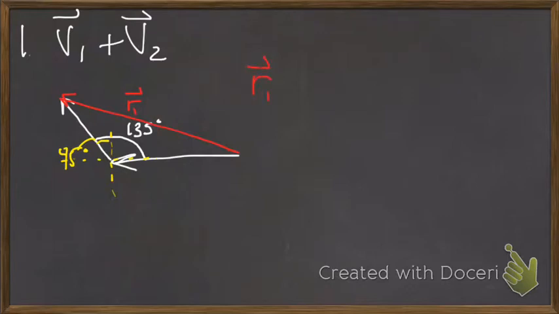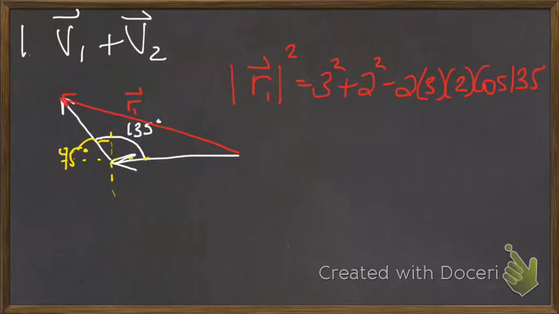R1, using cosine law, squared. We know these magnitudes given in the question, so 3 squared plus 2 squared minus 2 times 3 times 2 times the cos of 135, we end up with R1 being 4.64 kilometers.